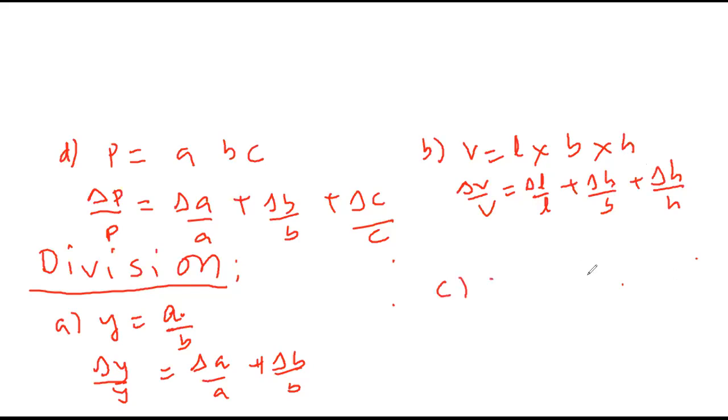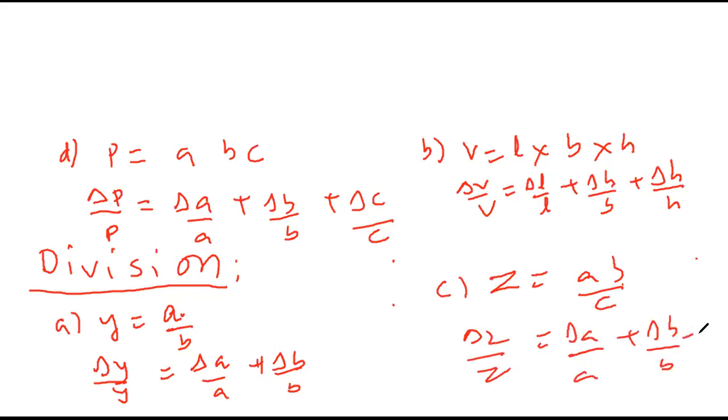If suppose we have product and divisor, same thing, delta a upon a plus delta b upon b plus delta c upon c. कुछ नहीं चेंज करना है, इसको बोलते हैं रिलेटिव एरर. इसमें से एरर डेल्टा z मिलेगा आफ्टर सब्स्टिट्यूट. Copy. Then I'm starting with the MCQ so that you will get idea.